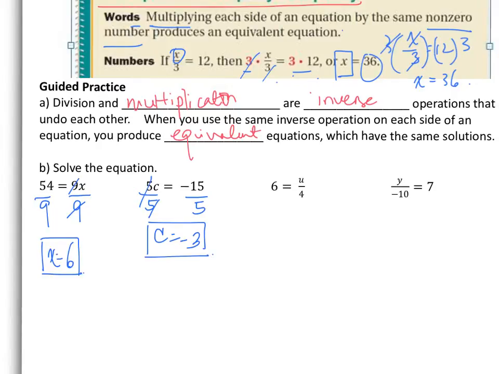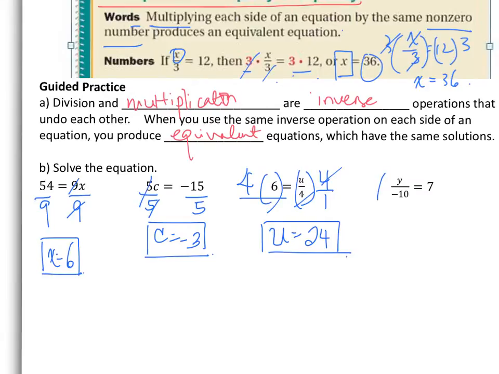And for this one, 6 equals u over 4. To isolate the variable u, I will need to multiply both sides by the reciprocal of 1 over 4. Cancel out the 4. 4 times 6 would equal 24. And the same thing for the next one.